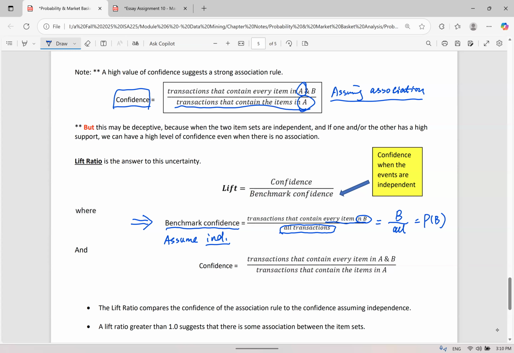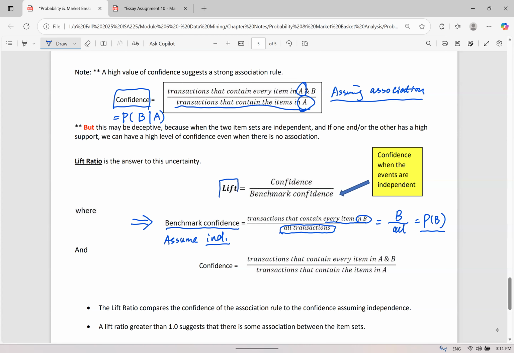Remember, what is this confidence? This confidence is a conditional probability. That means with the condition on A, what is the probability of B? Right now, this is the probability of B without the condition, assuming they are independent of each other. All right, so I want to put these two confidences together.